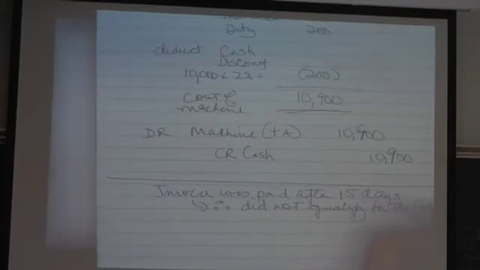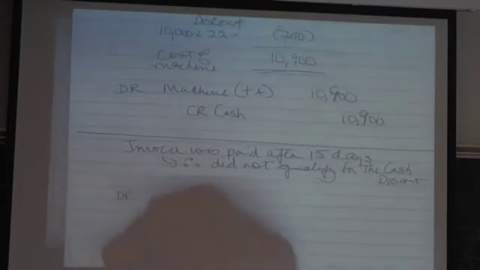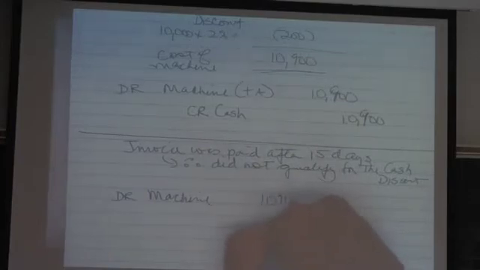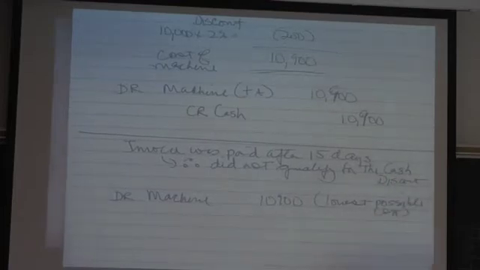So our entry, if we did not qualify for the cash discount, would be debit machinery, still at 10,900, which is the lowest possible cost. It is because they were offering us a 2% discount, but we didn't take it because we paid outside of 15 days.